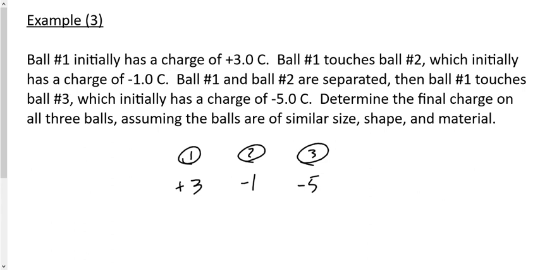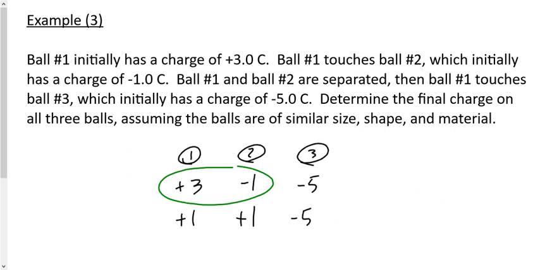Yeah, good. 1 and 2 are touching each other. So let's add those up and divide by 2. Let's figure out what they balance out to be. Plus 3 minus 1, what is it? Yeah, the average is going to be 1. Right, 3 plus negative 1 divided by 2 is plus 1. And then what does this become? It's still minus 5, right? Nothing's happened to that one yet.